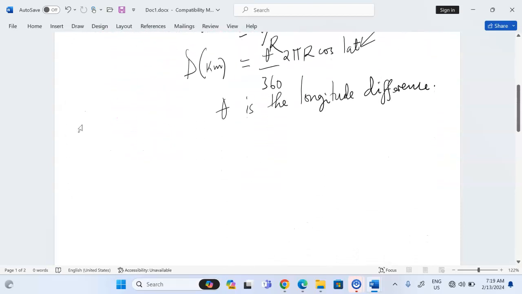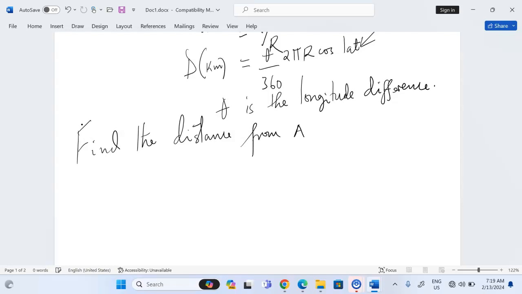So now can we talk of an example? Find the distance from a point A, which is 60 degrees north, 40 degrees west, to a point B, which is 60 degrees north, 60 degrees east, in kilometers.